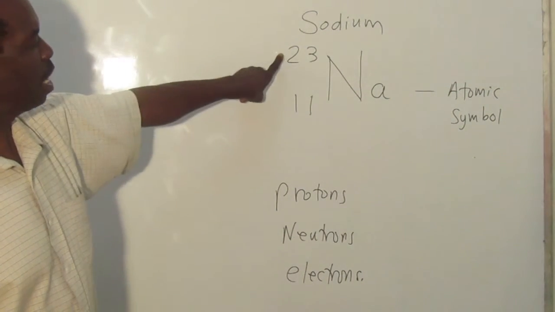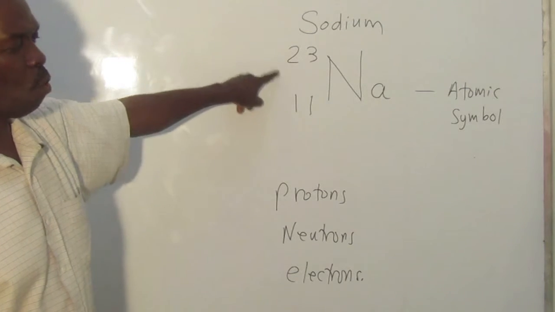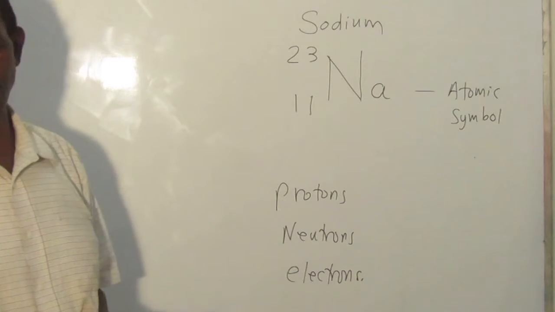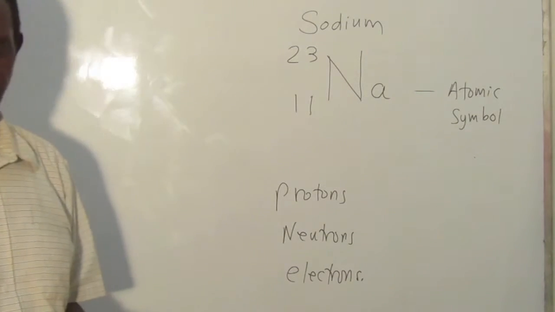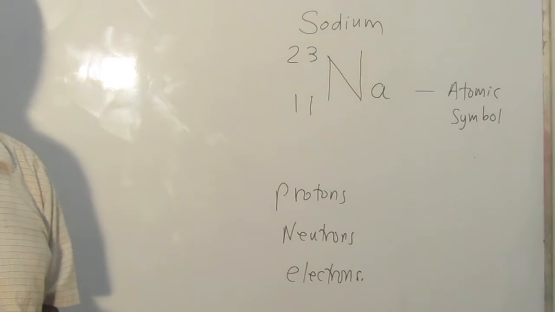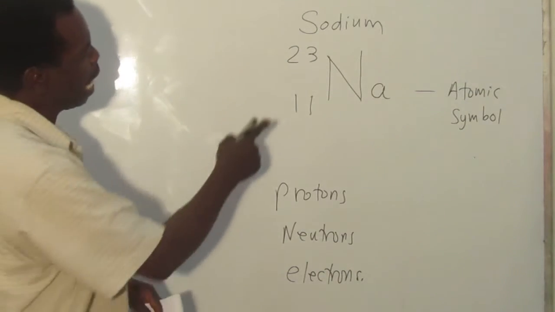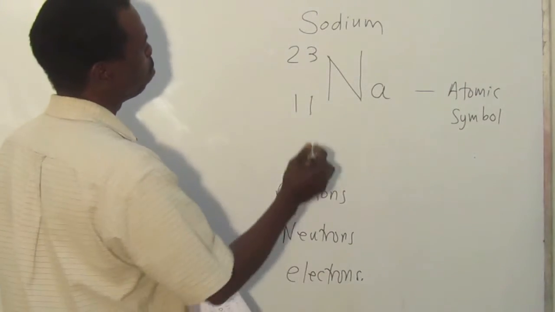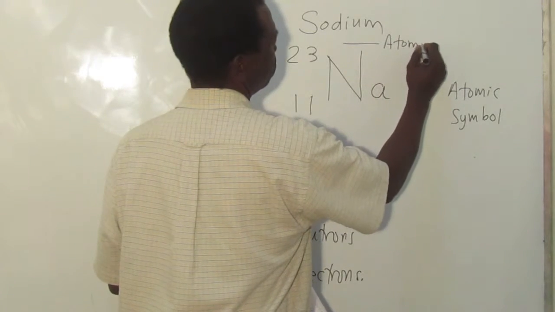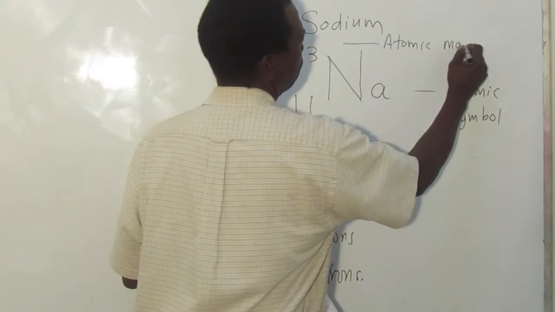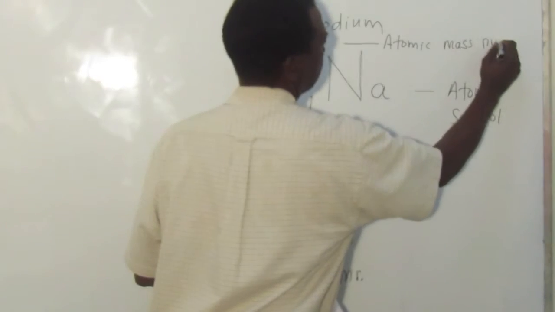When you see the number 23 there, it is not talking about anything other than what is called the atomic mass number. That number at the top is simply the atomic mass number.